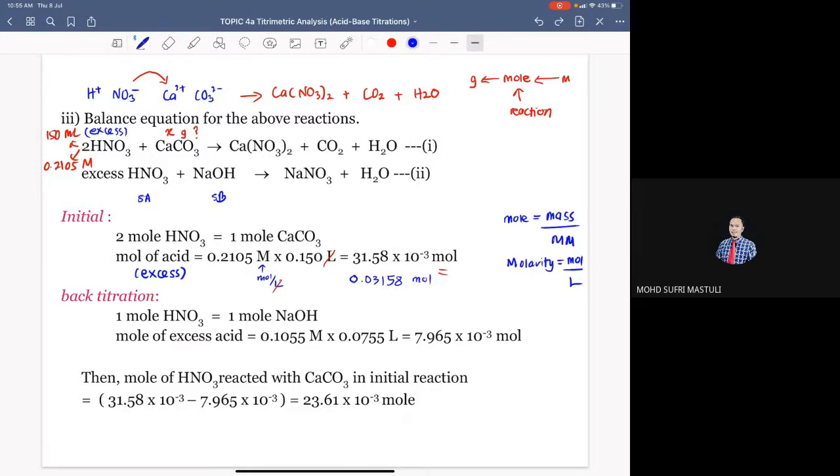So now this is the mole of excess nitric acid. But we don't want this. We want to calculate the limiting mole in order to obtain the calcium carbonate.